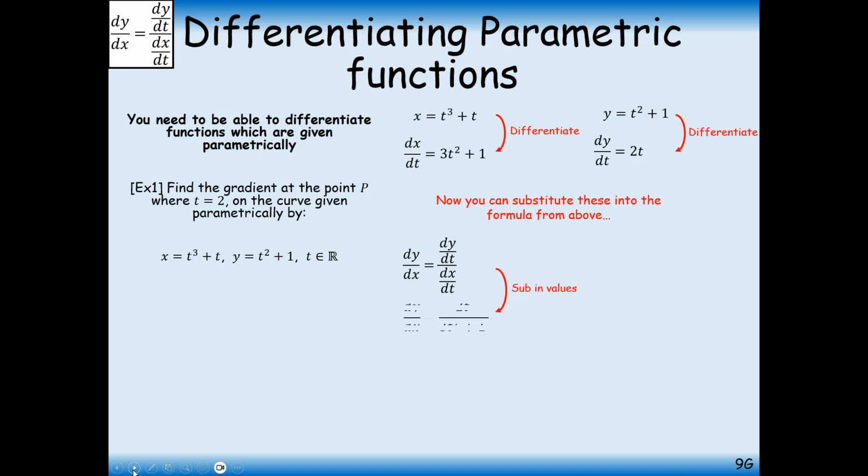So if we substitute the values we found, we have 2t over 3t squared plus 1, and that doesn't simplify any further. So all we have to do is substitute the value t, given to us as 2, into this expression and evaluate it, and we will have found the gradient at that point, which is 2 over 13 in our case.